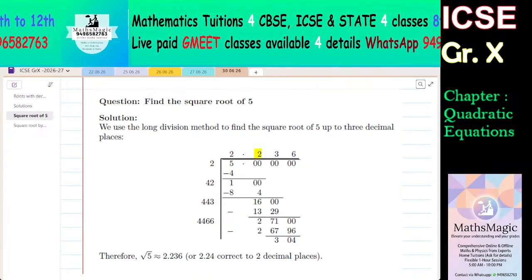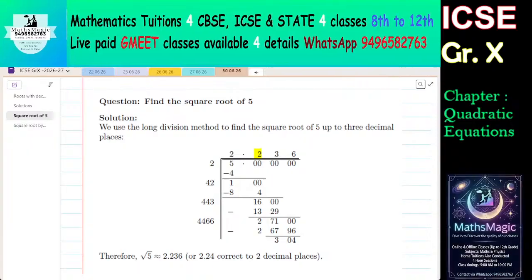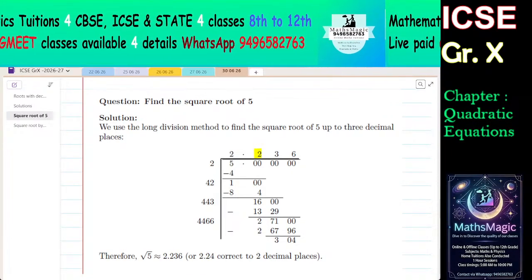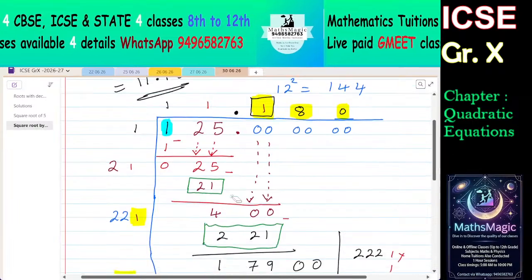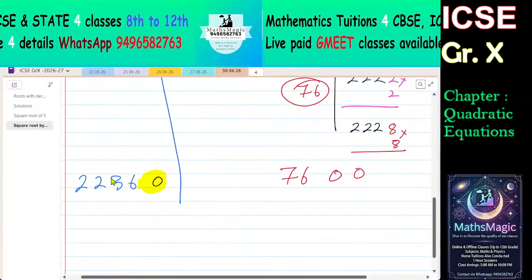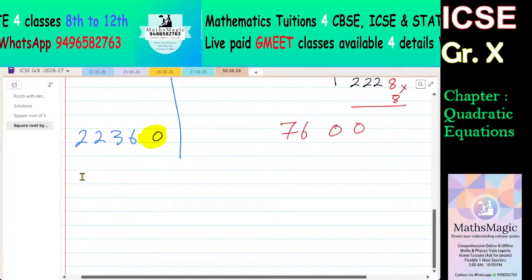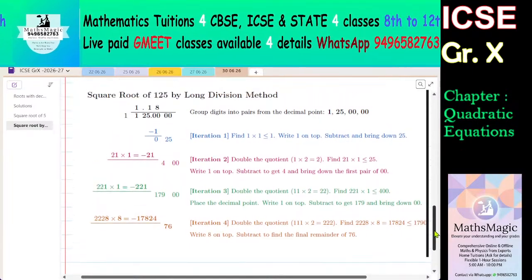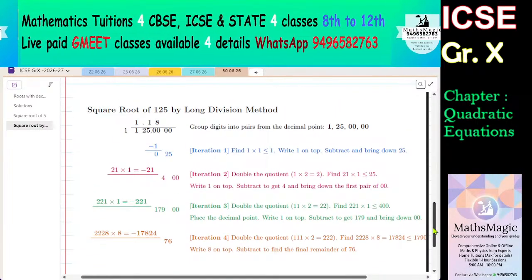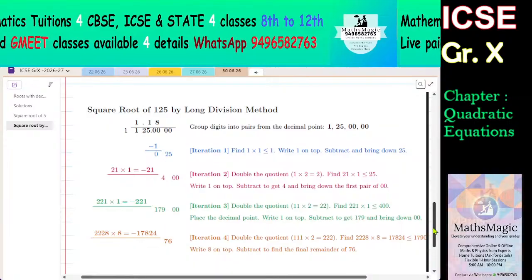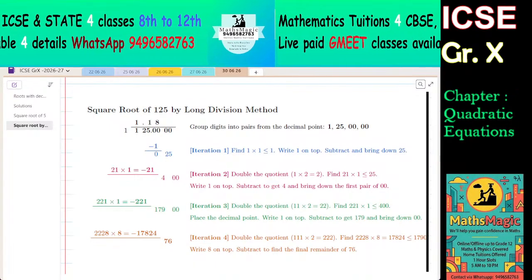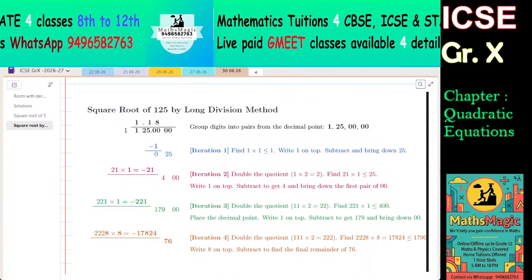So for those late joinees, I'll just give the iteration steps for what you have done here. If you need, you can copy that also. It's not that necessary. So I've written the steps we have followed in each iteration, what we have done. We can just go through it.